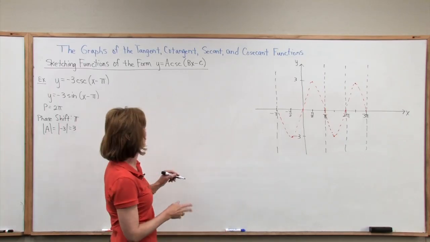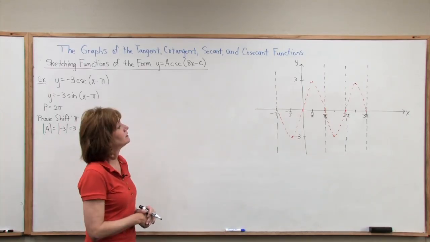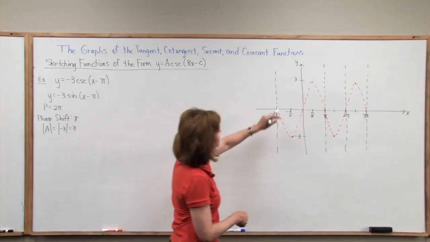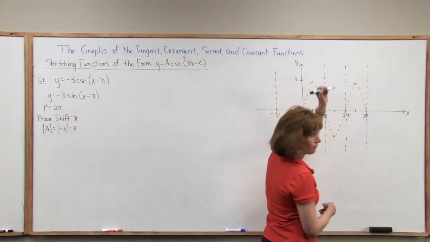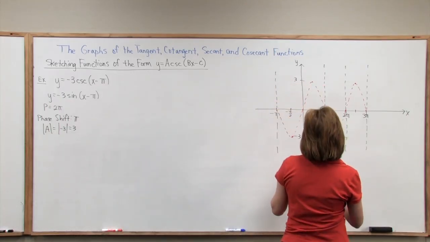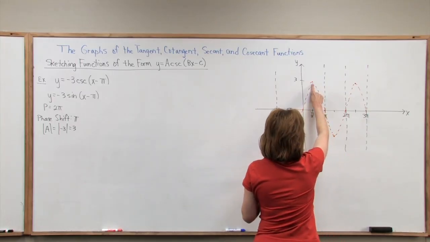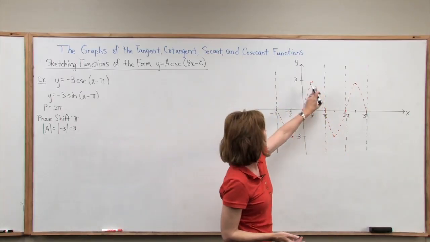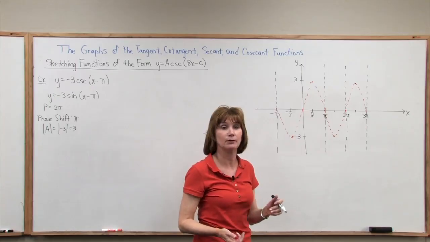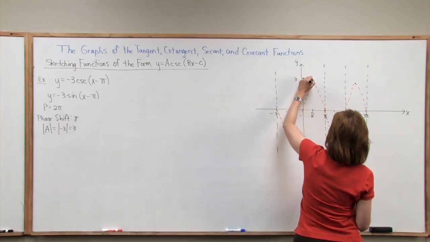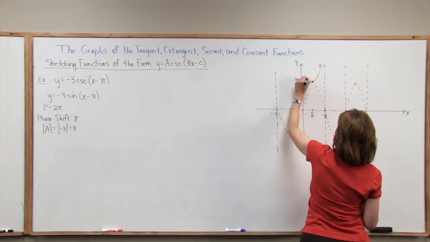Now that we know where the asymptotes are, we want to figure out the 2 points on each cycle. This point right here, pi over 2, 3, we can see is a relative max for the sine function. That's going to be a relative min for the cosecant.